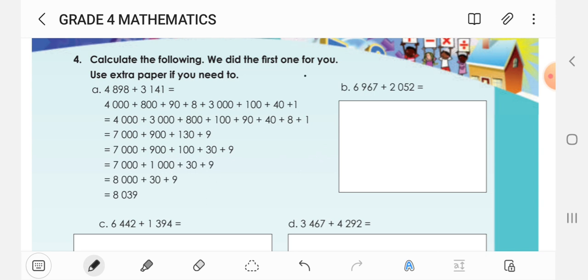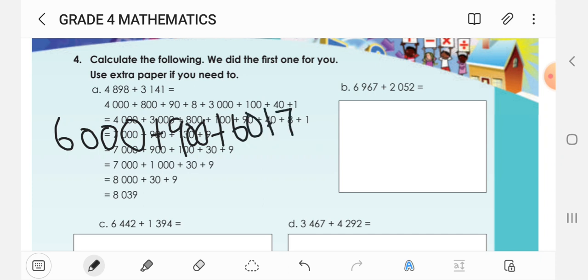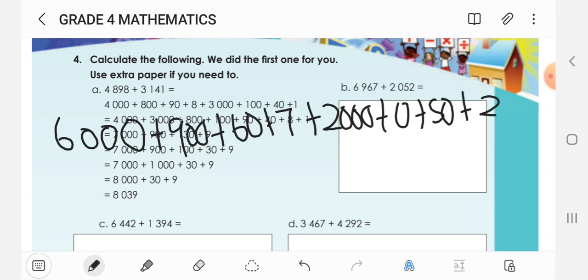Let's see, let's try to do this one. Okay, so we will have 6,000 plus 900 plus 60 plus 7 plus 2,000 plus 0 plus 50 plus 2. So let's add the thousands together.